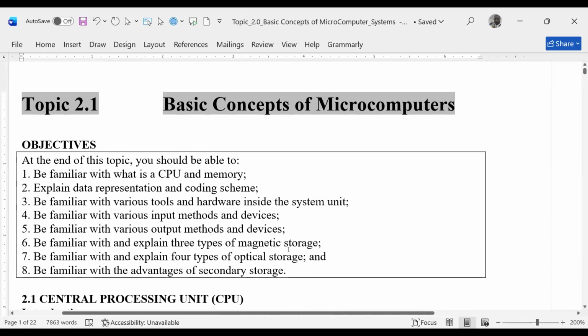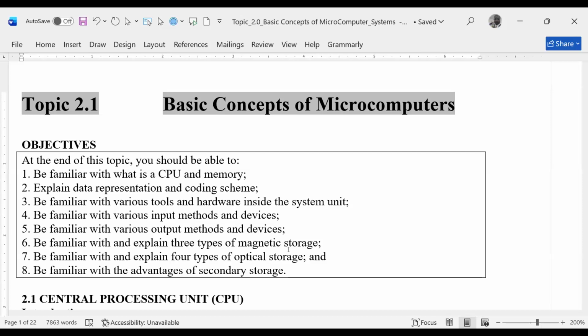Any question based on what we did the last meeting? I'll start from topic 2.1. I'll give you about a minute. Any question? We are through with topic 1.